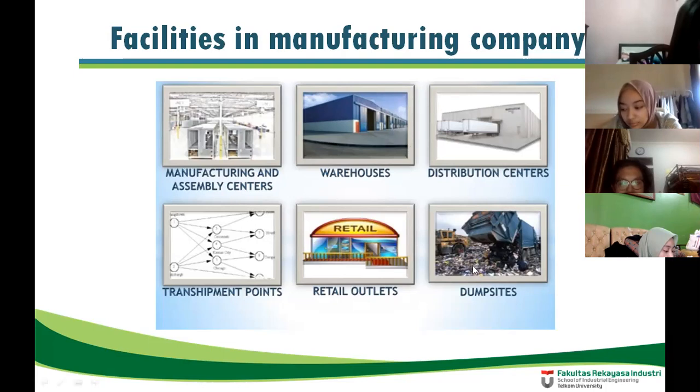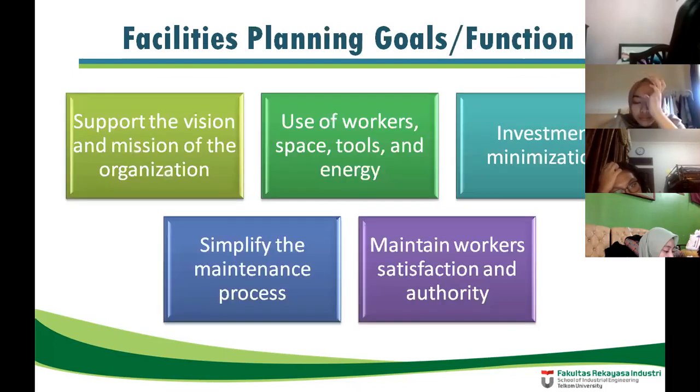Then we have to place the dump site, which should follow the government rules, because if we violate them, our license will be pulled out by the government. So these are the functions of facility planning.